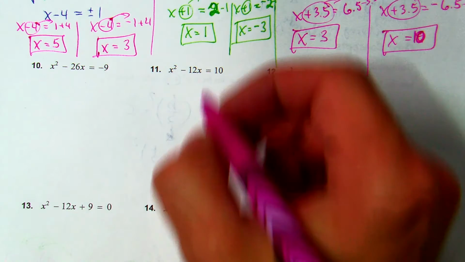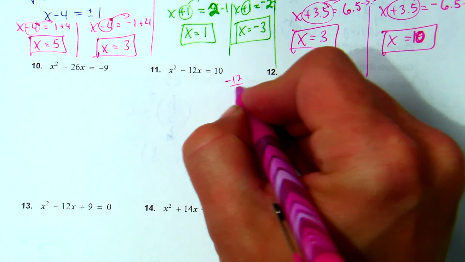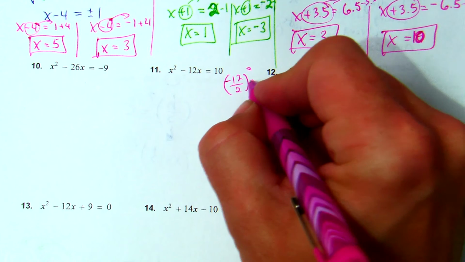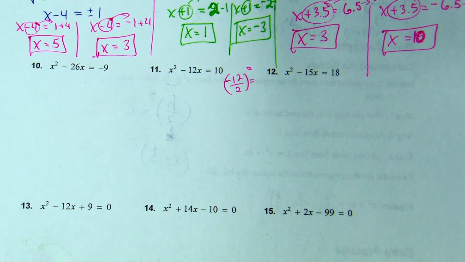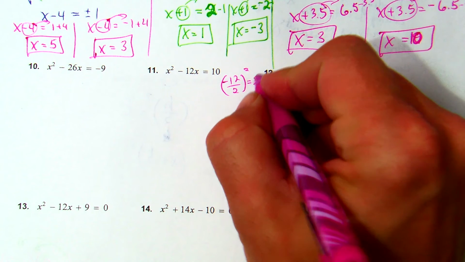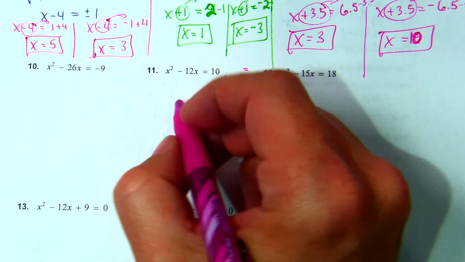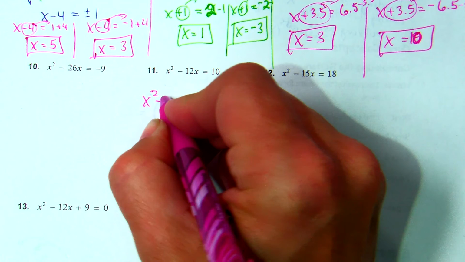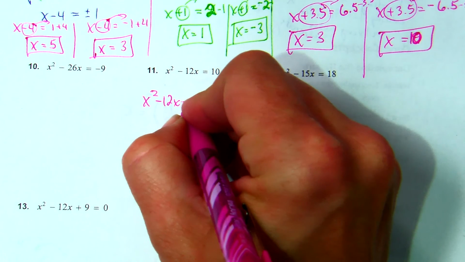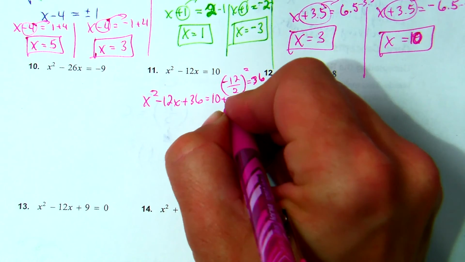So number 11, I'm going to complete the square. I've got a negative 12. I'm going to divide that by 2, square it. So that gives me a negative 6. I'm going to square that. It gives me a positive 36. Okay, positive 36. All right, and so I'm going to have x squared minus 12x plus 36 equals the 10 plus 36.